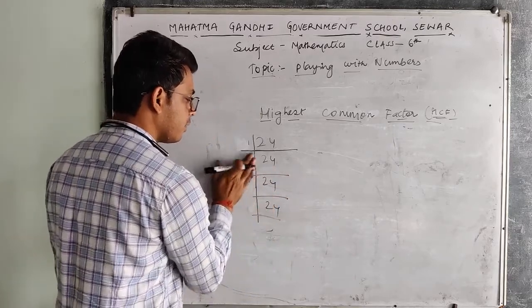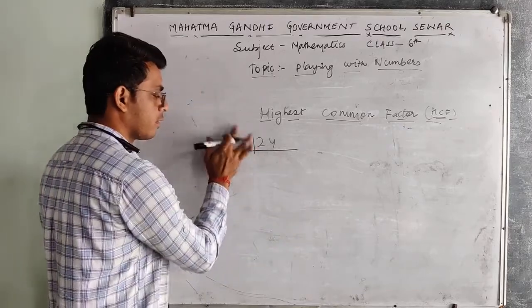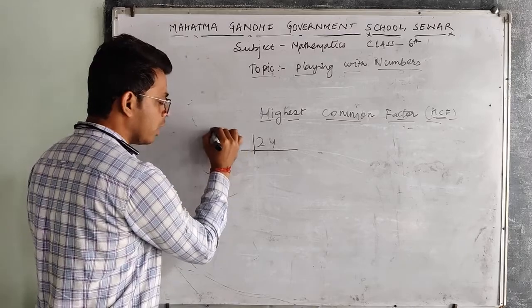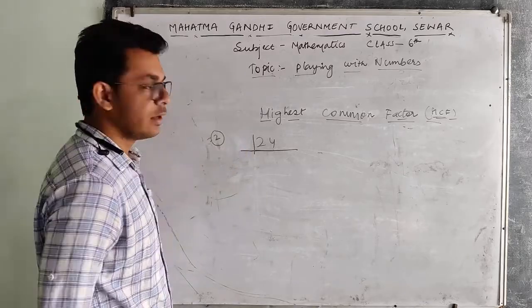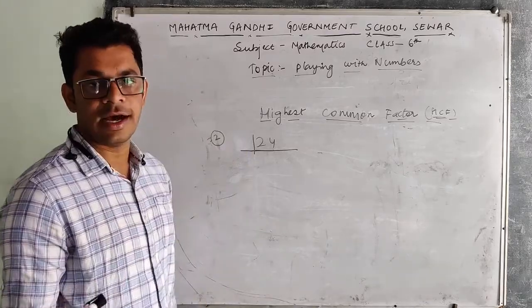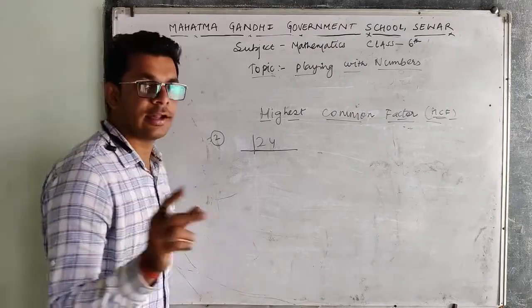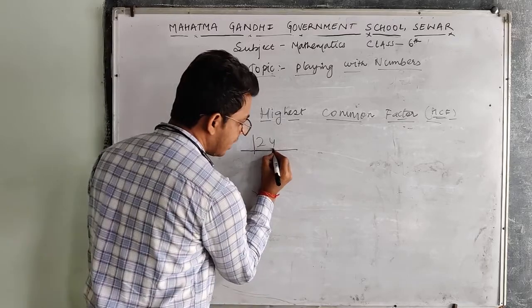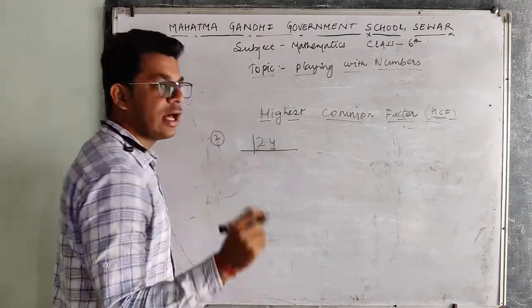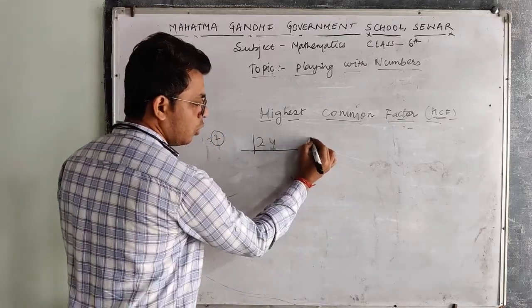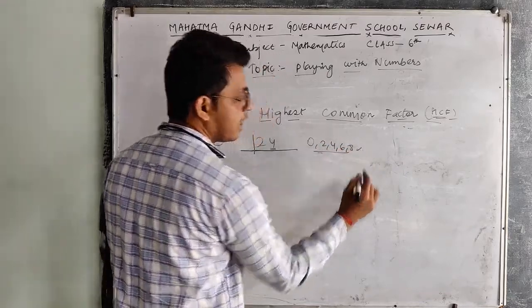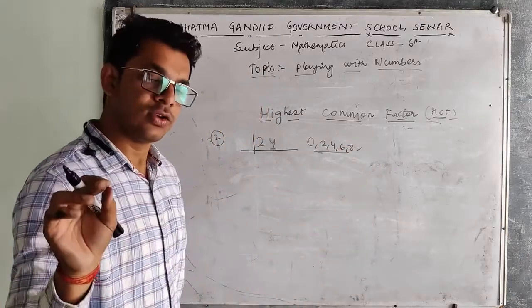But what is greater than 1? That is 2, and this is the smallest prime. We studied in the last video the divisibility rules. Any number whose last digit is 0, 2, 4, 6 or 8 will be completely divisible by 2.